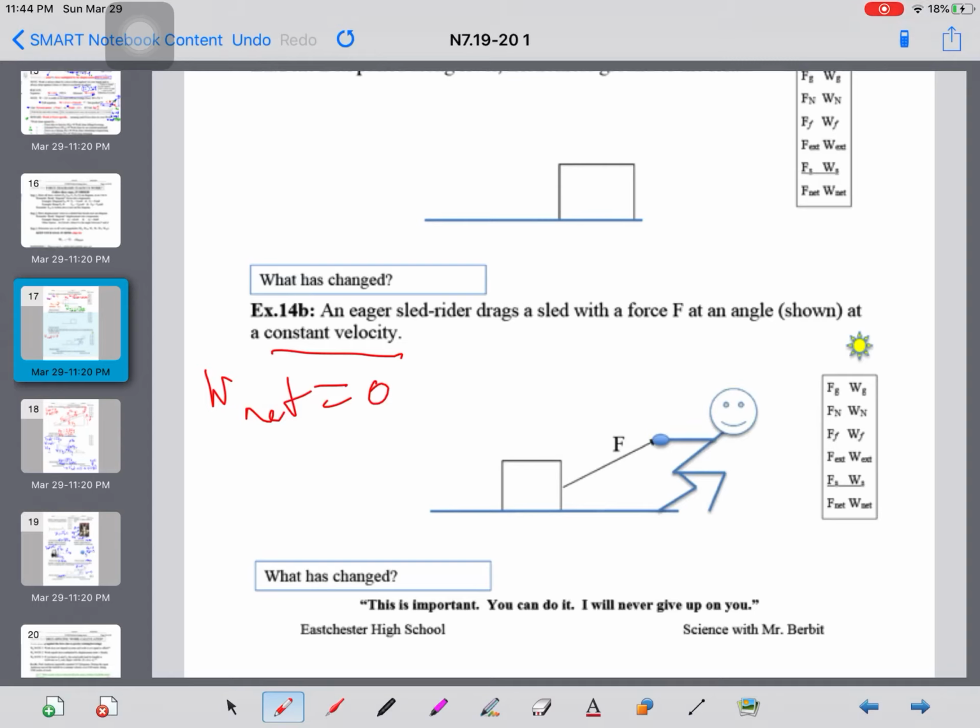What else you got? There's no WG. It's perpendicular to the displacement. Displacement's here to the right. There's no WN. But there's definitely some friction here.